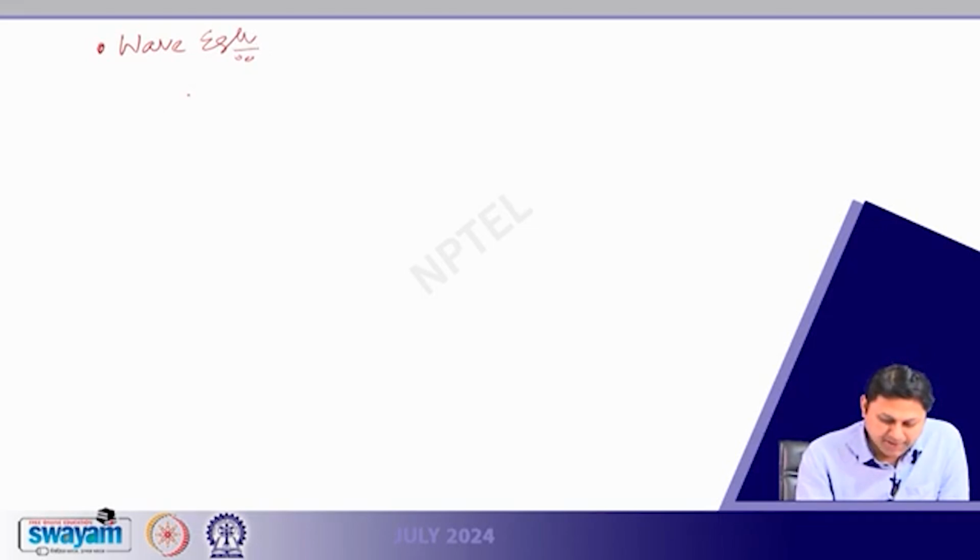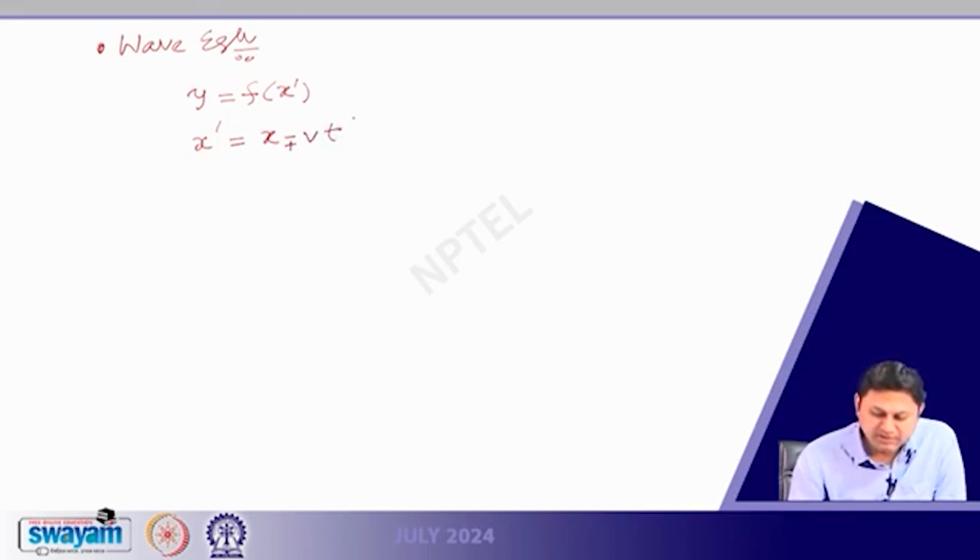So y, we already saw, is a function of x prime in the previous example, where x prime is x minus or plus vt. It can be minus vt, it can be plus vt, depending on whether the wave is moving in the forward direction or in the backward direction. Now from that we can have a few pieces of information.